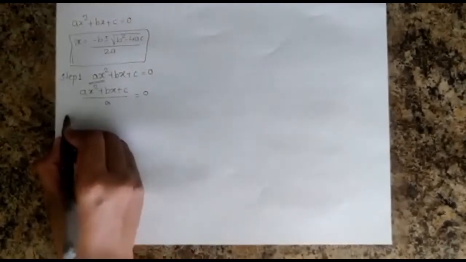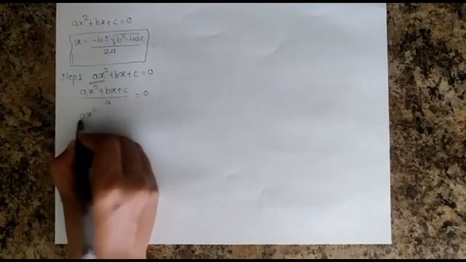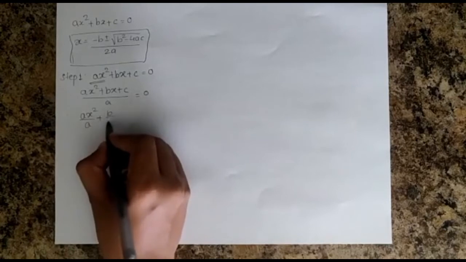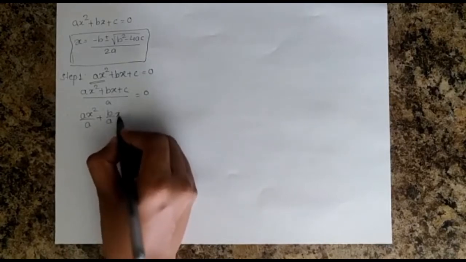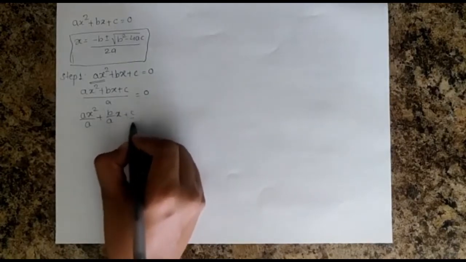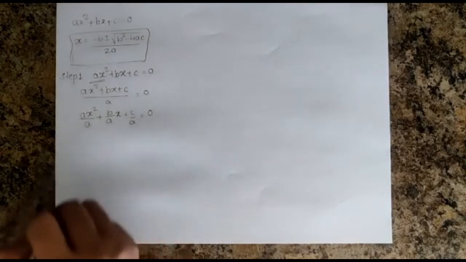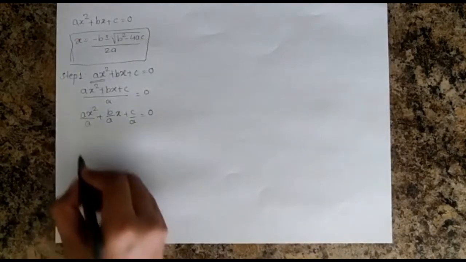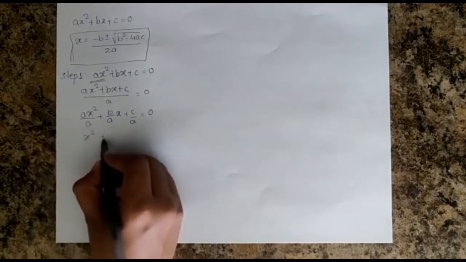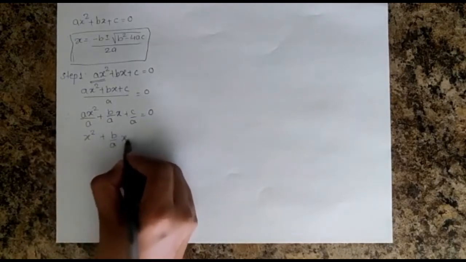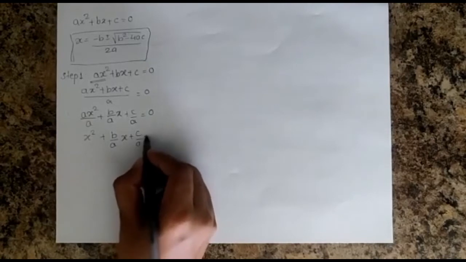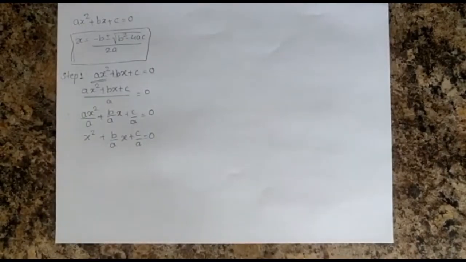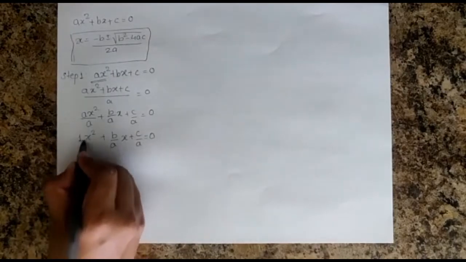So what will happen is x square plus bx upon a plus c upon a equal to 0, which means x square plus b upon a x plus c upon a equal to 0. So when we get the coefficient of x square as 1, now we can solve the quadratic equations.